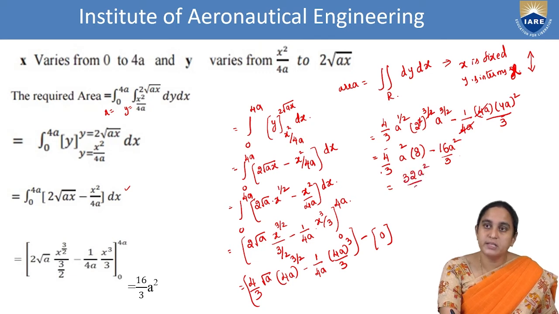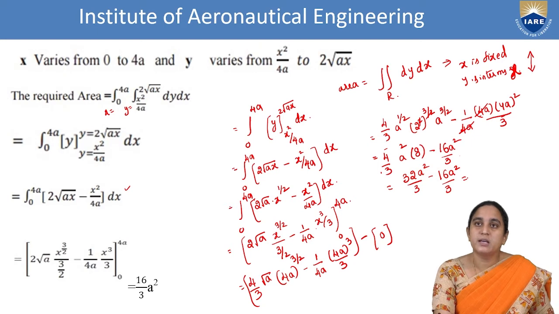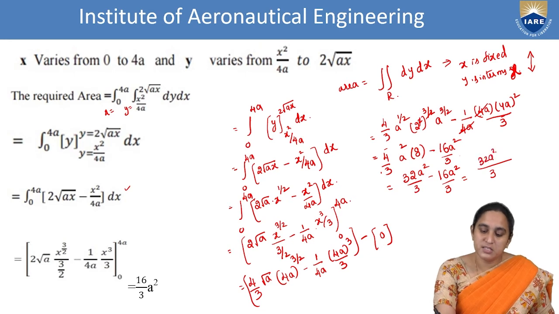So 32 a square by 3 minus 16 a square by 3. Therefore, the LCM is 3, giving 32 a square minus 16 a square.